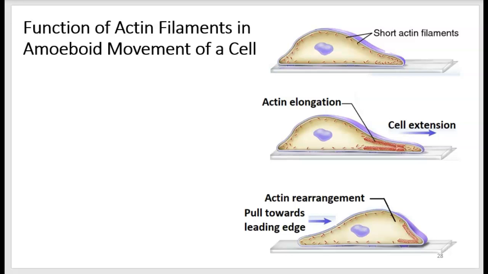And that's what helps the cell extend in one direction. But of course, it's got to bring up the hind side, if you will, and it has to kind of pull the backside towards the leading edge. So actin filaments are involved with the movement of an entire cell.